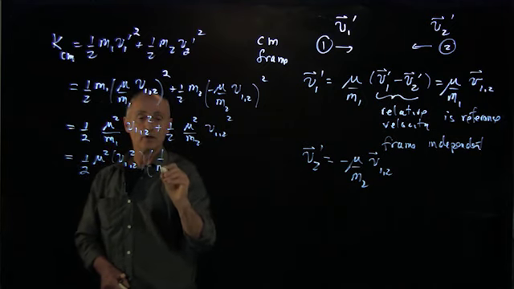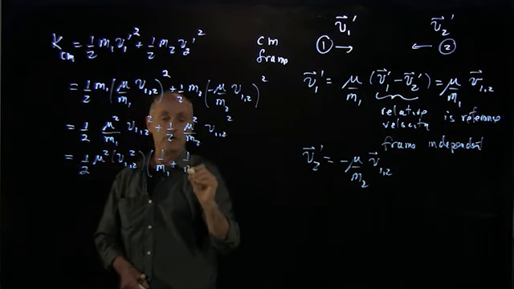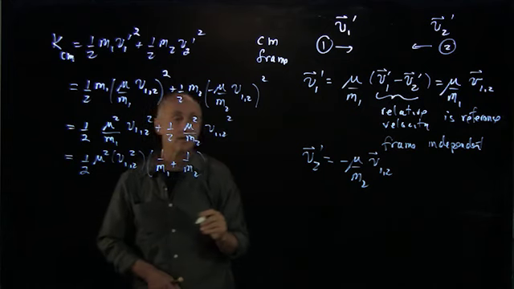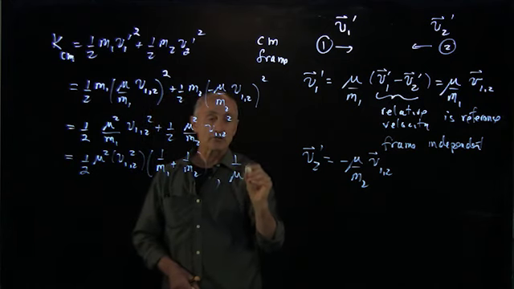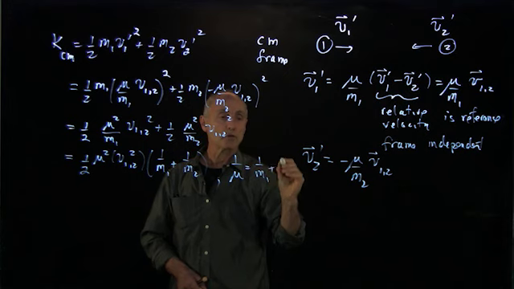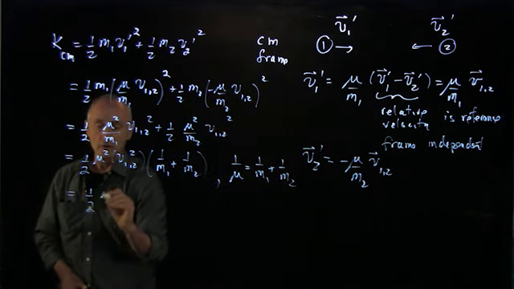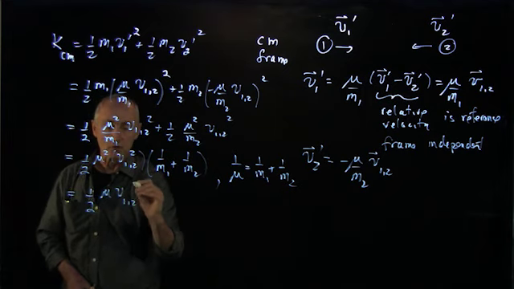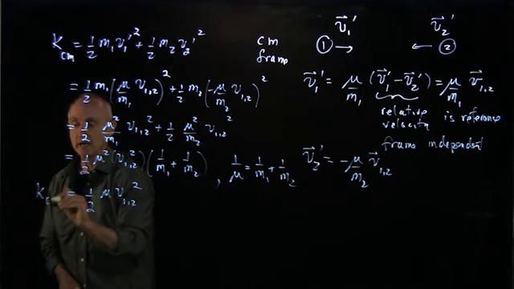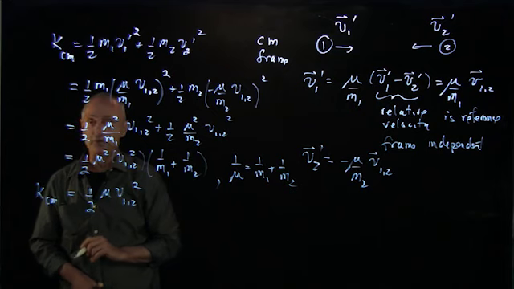I have 1 over m1 plus 1 over m2. But recall that the reduced mass was precisely defined by 1 over mu equals 1 over m1 plus 1 over m2. And so I get 1/2 mu times v12 squared as the kinetic energy in the center of mass frame.